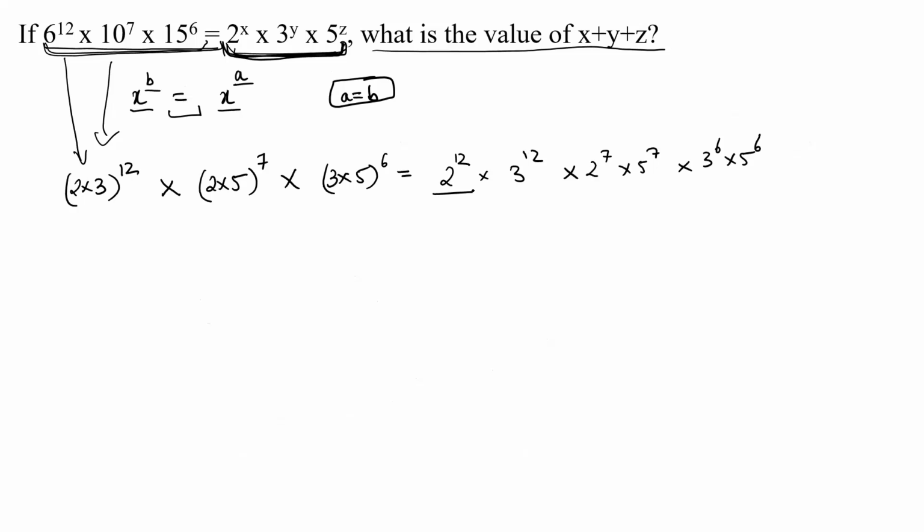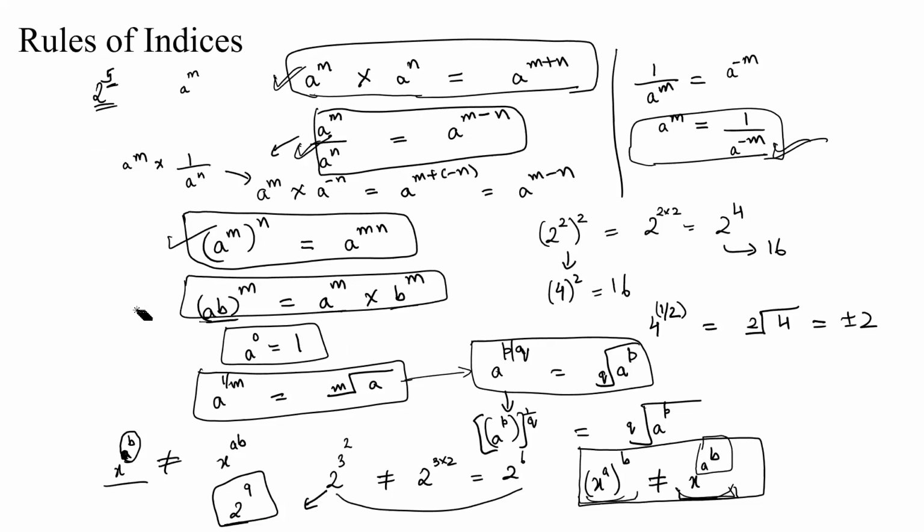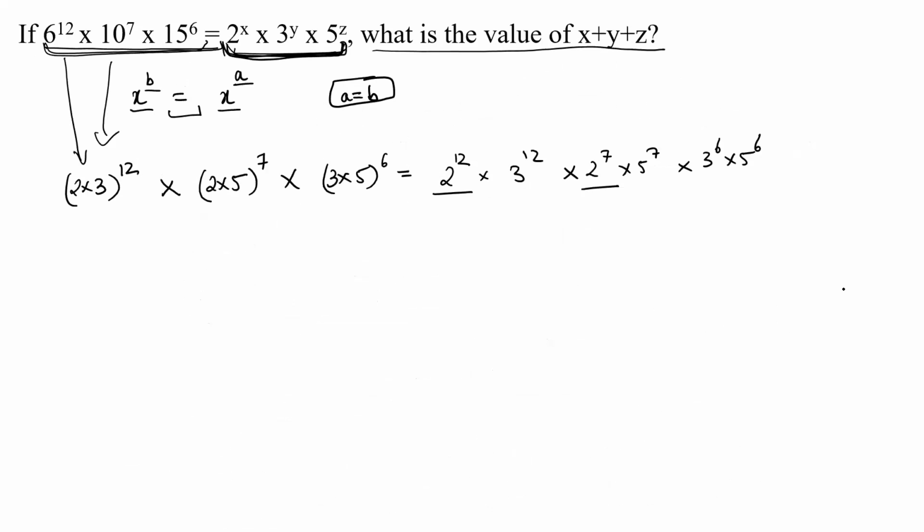Now you have 2 raised to power 12 and 2 raised to power 7. In this slide, we saw that a raised to power m into a raised to power n is a raised to power m plus n. So we have 2 raised to power 12 into 2 raised to power 7 equal to 2 raised to power 12 plus 7, which is 19.